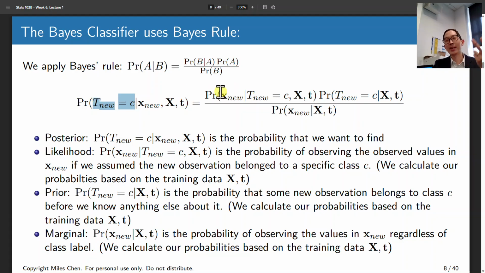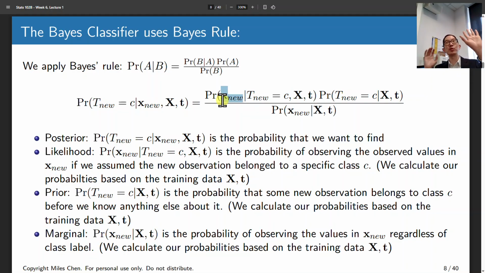But the way we're going to calculate that is we're going to get the likelihood, which is: if it were a Chihuahua, what's the probability you get a 45-pound dog? If it were a Border Collie, what's the probability you get a 45-pound dog? If it were a German Shepherd, what's the probability you get a 45-pound dog?